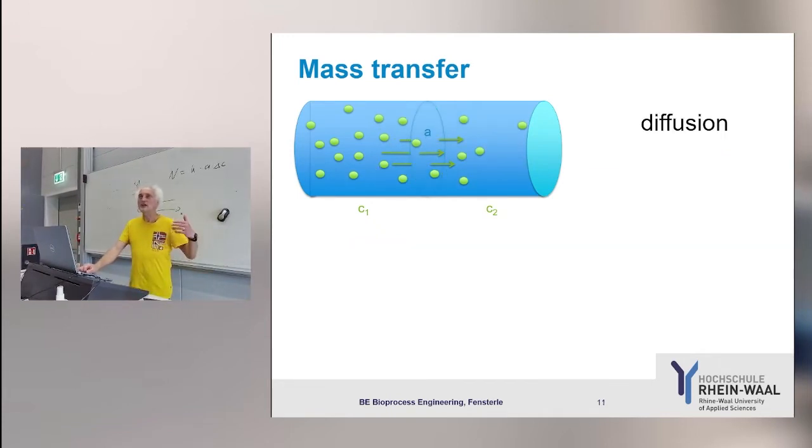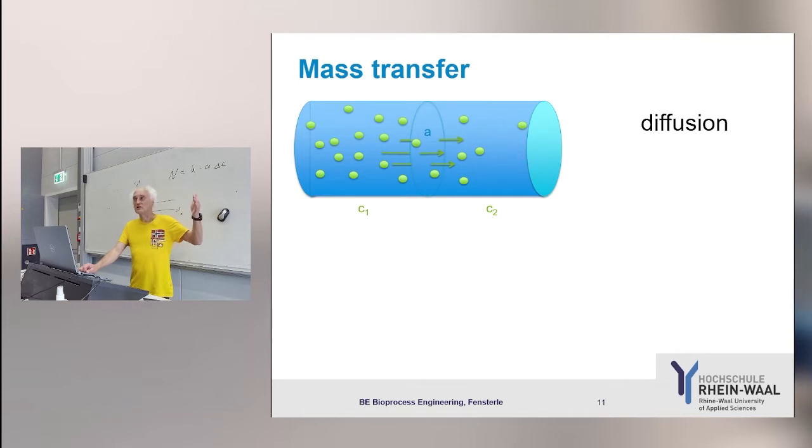So if you then go to diffusion, you start in principle with the same. In this case you do not have a phase border, you look at a differential difference, so instead of delta C it is simply dC/dx. This is the concentration gradient.